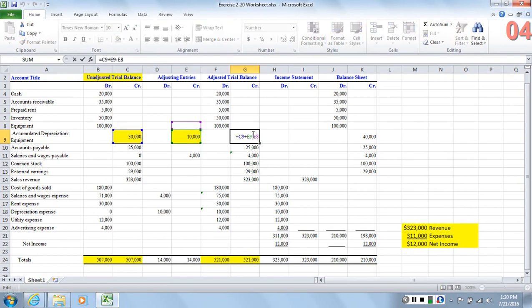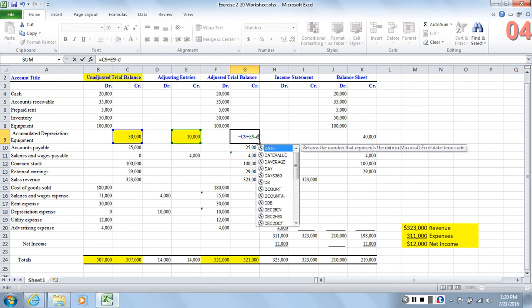So we can actually just do the math here. And so the formula that I actually put in includes a mistake, it looks like. So that, yeah, E8 should not be a part of it. I think what I meant to do was say D8.